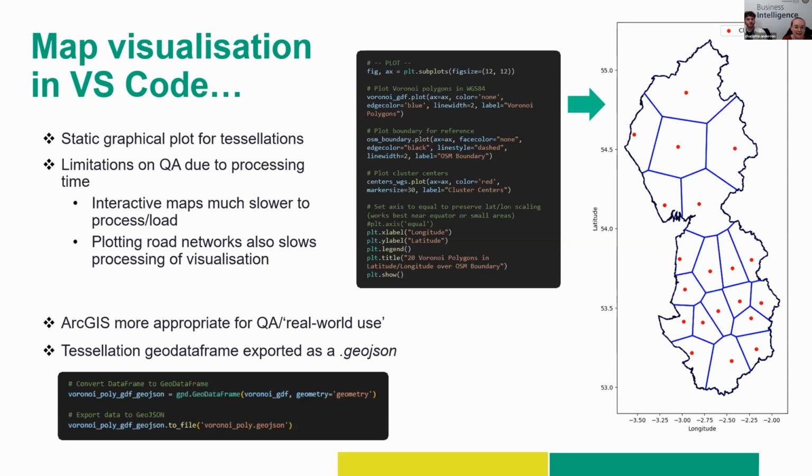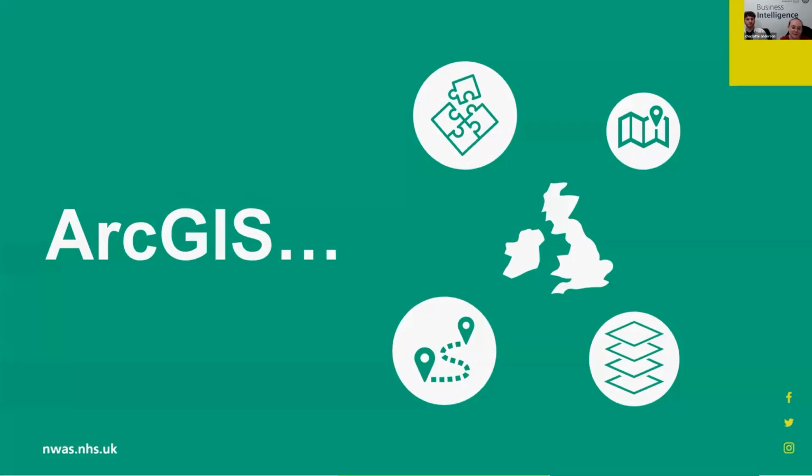So we know roughly where everything is on this map geographically, because we're doing it day in, day out, but then to see the real nuances with the road network, etc., we've exported that and brought it into ArcGIS to really start delving into it.